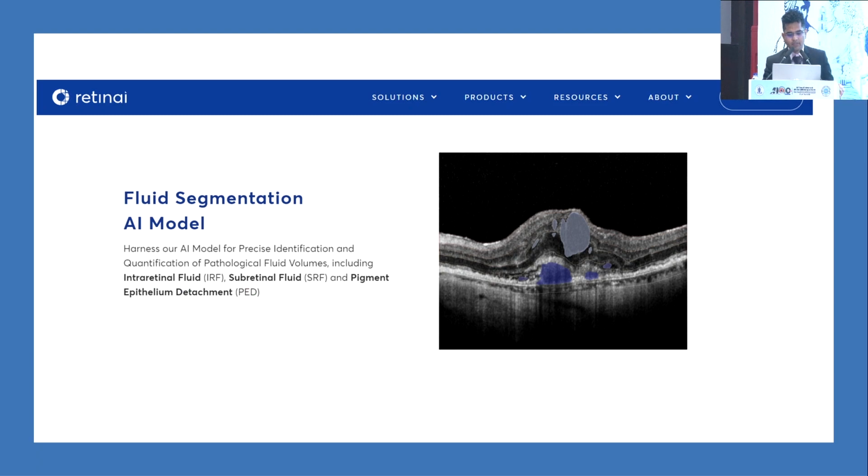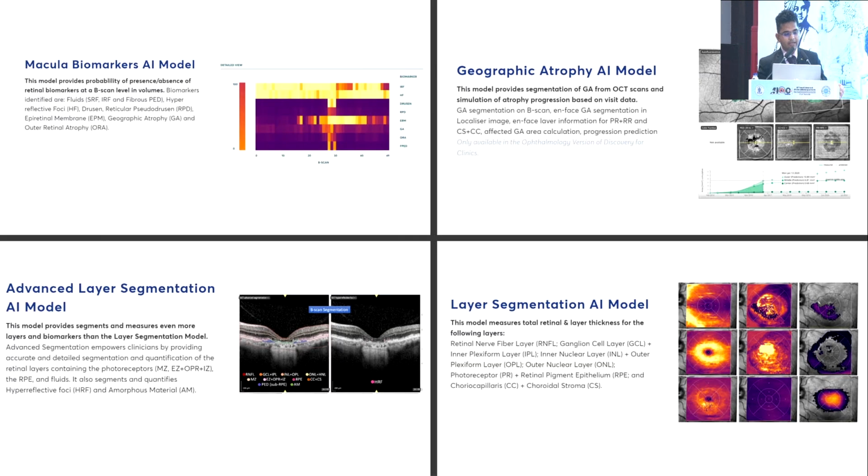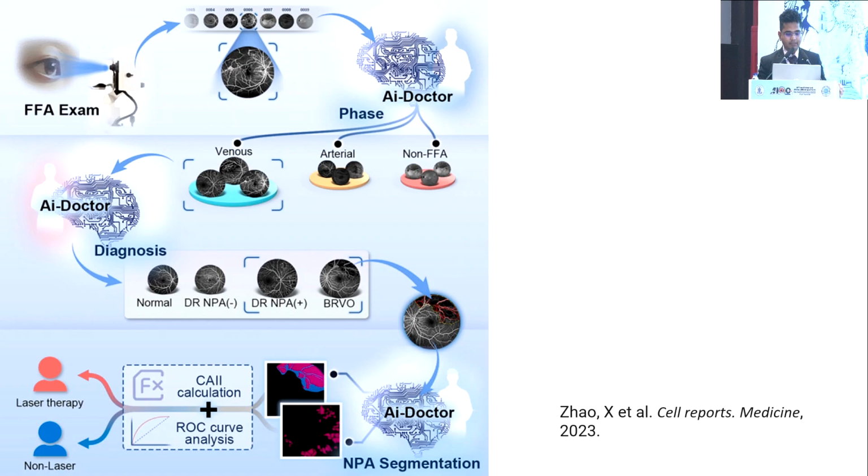And there are newer segmentation models, with fluid segmentation, trying to interpret the volume of that, trying to look at the macular biomarkers, a geographic atrophy AI model, and other AI models are upcoming as the days pass, and they are interpreting the various indices that we see in the retina.